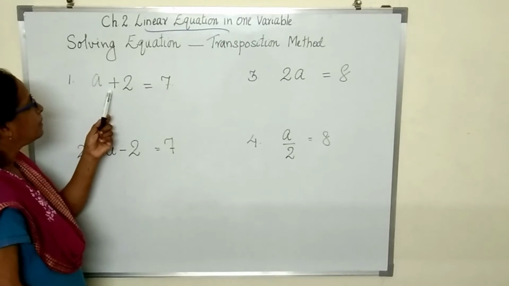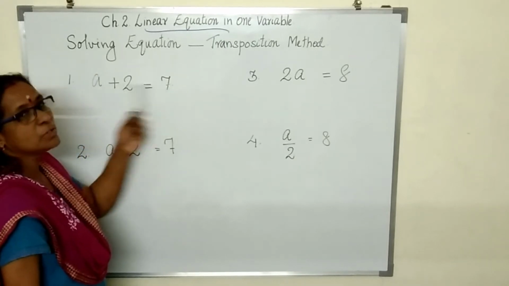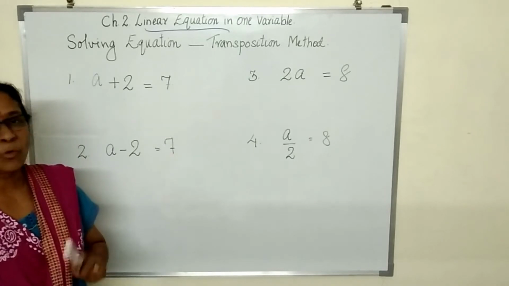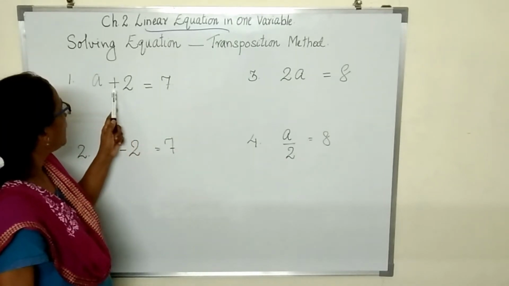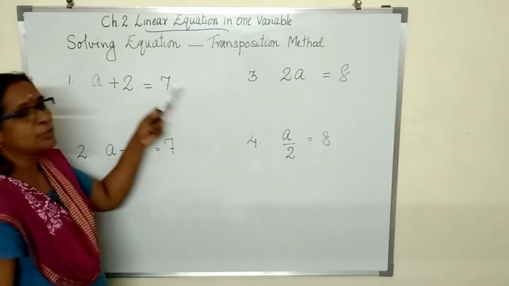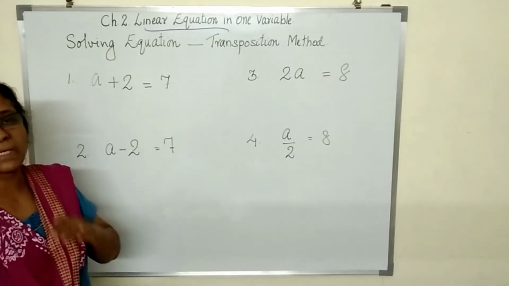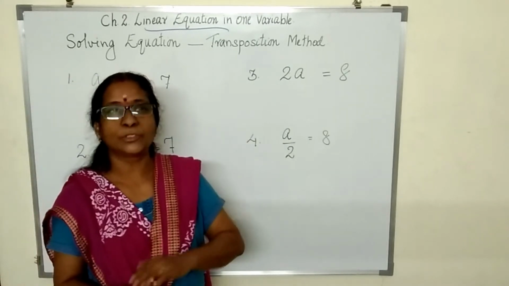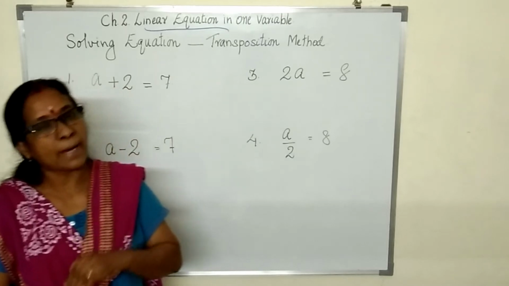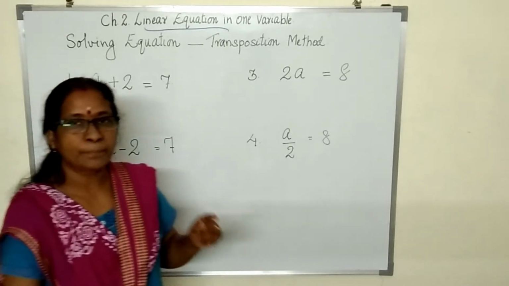Here a plus 2 is equal to 7. In the transposition method, the rule is: if you take a plus sign from one side to the opposite side, it will become a minus sign. And if you take a minus sign, it will become plus.